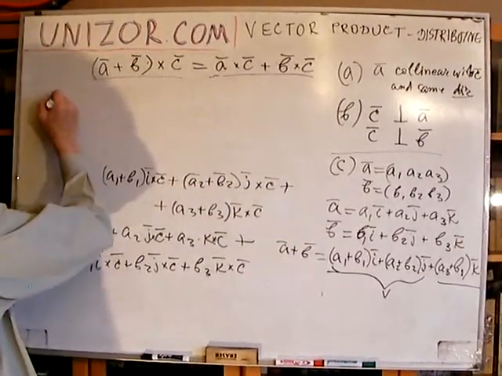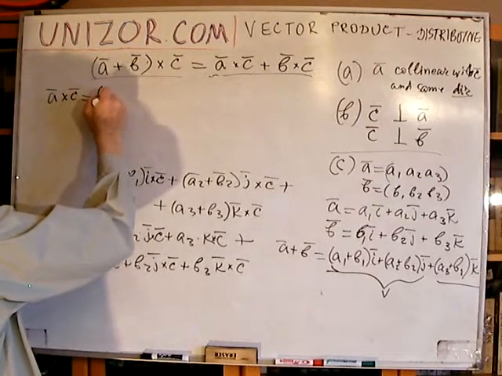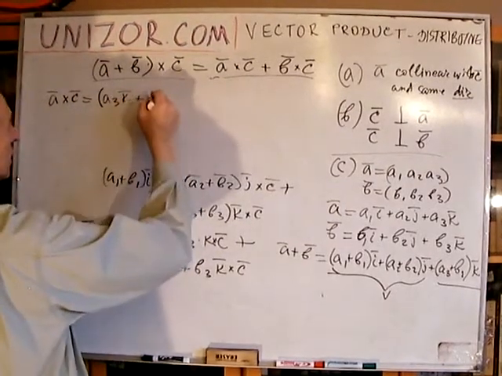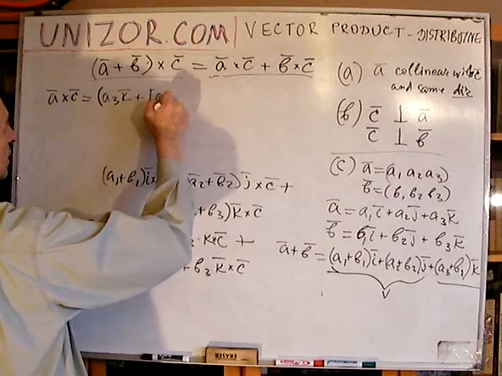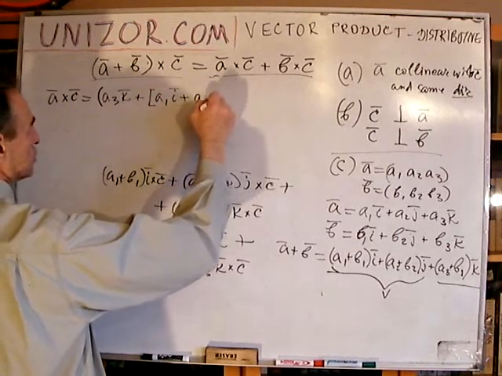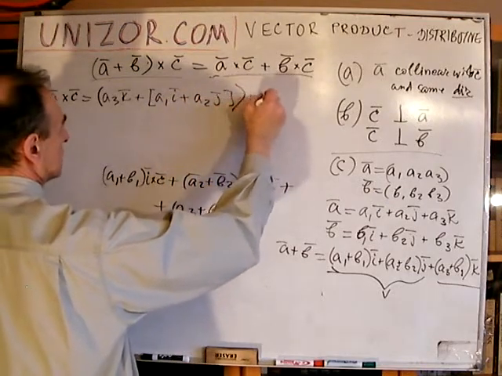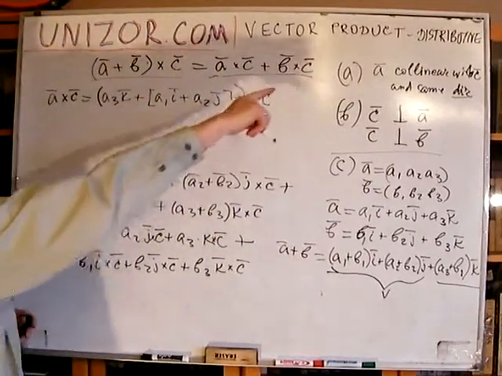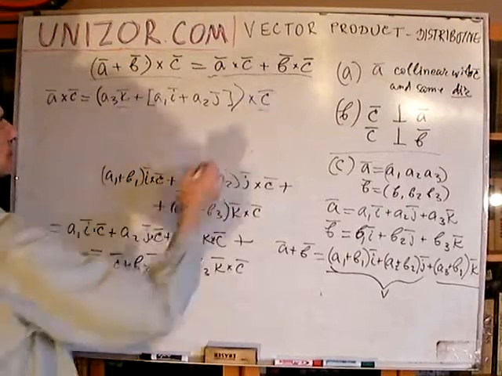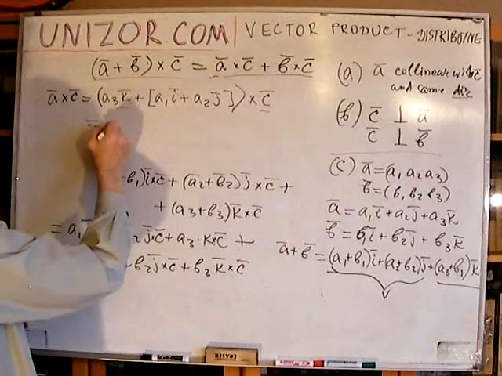So A times C would be A3K plus some vector A1I plus A2J, times C. Now I will use the first theorem which I proved. Since K and C are collinear, I can open using the distributive law here.